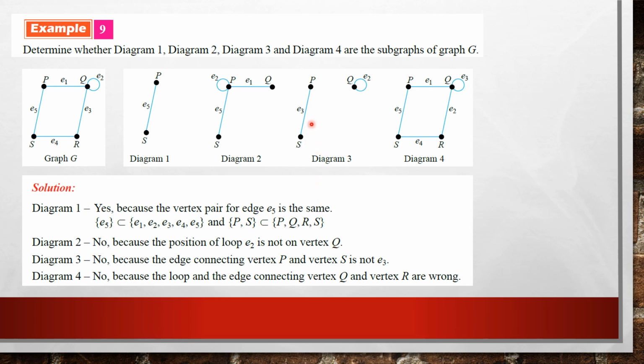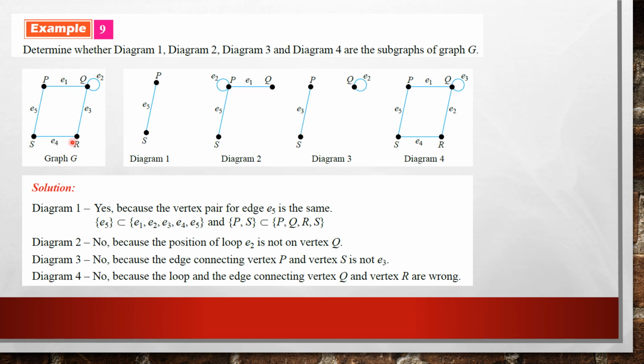Next, we look at diagram 3. In diagram 3, you have vertices P, Q, S, in the same position as graph G. The loop is also at vertex Q, same as graph G. But the edge that connects vertex P and vertex S is labeled as E3.